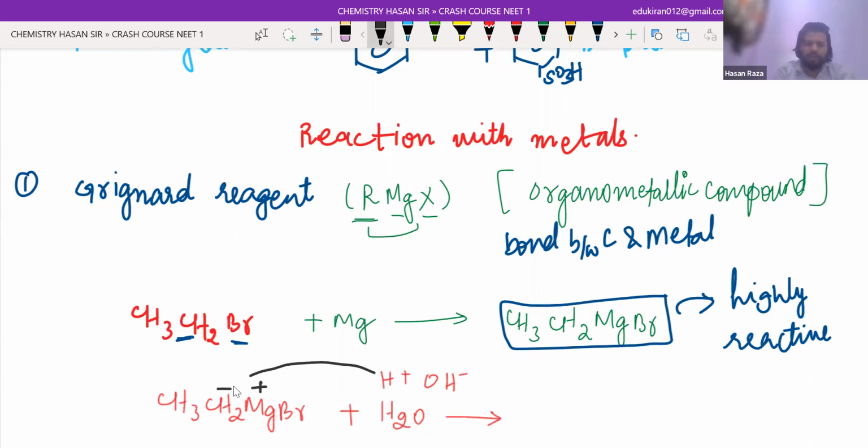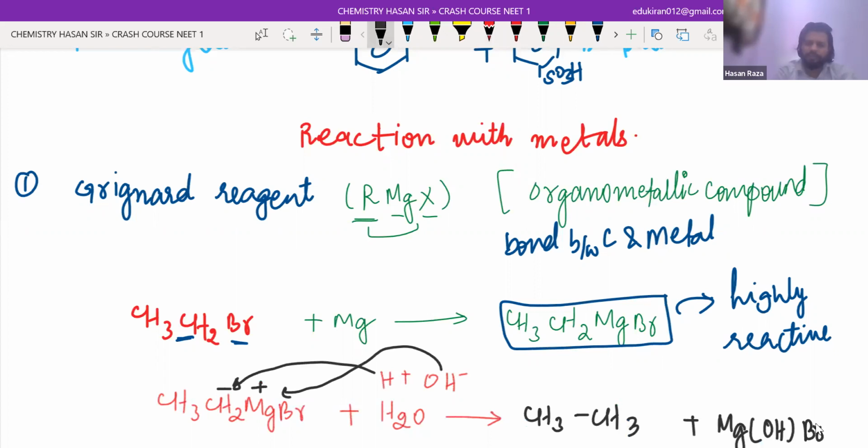This plus will go to this and it becomes alkane or hydrocarbon, you can say. And this is negative, so it will go to the positive part and it will be the byproduct MgOHBr.